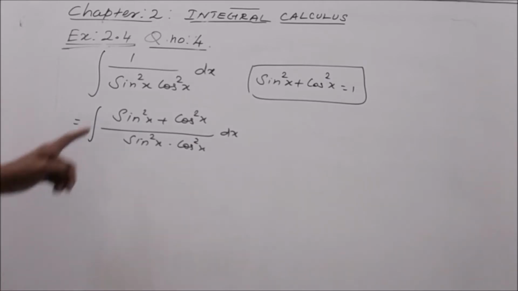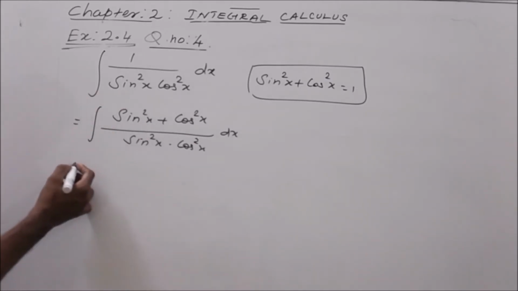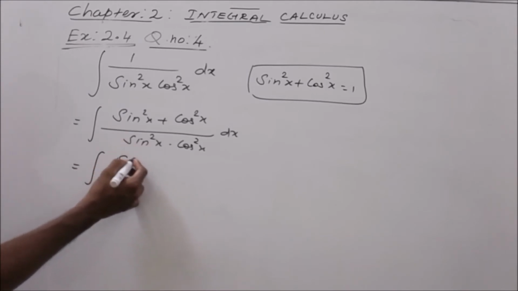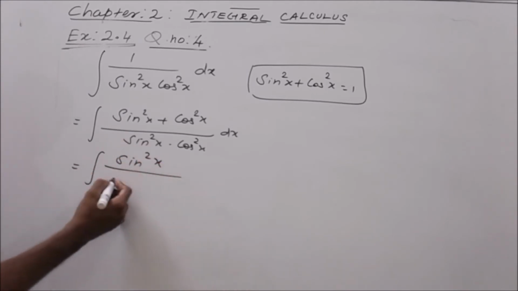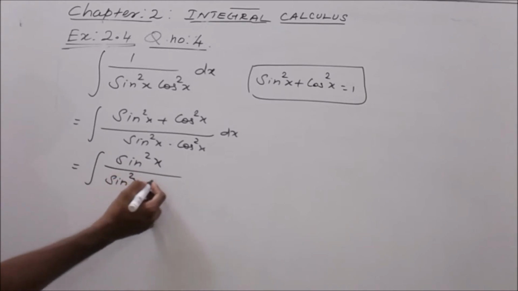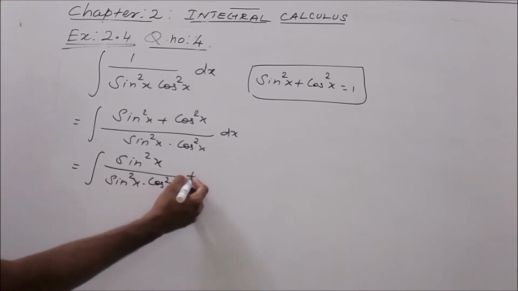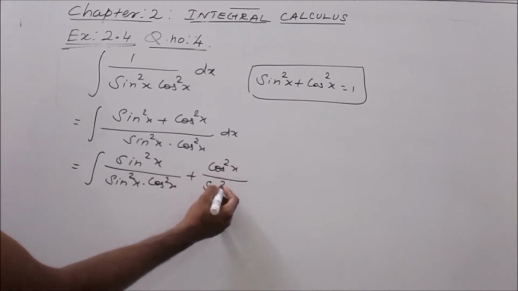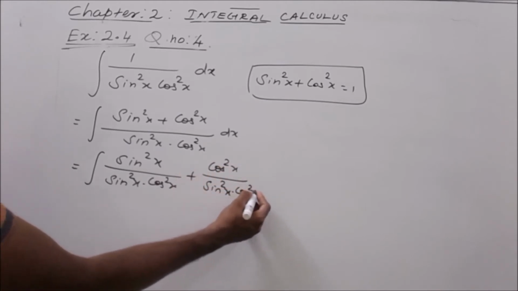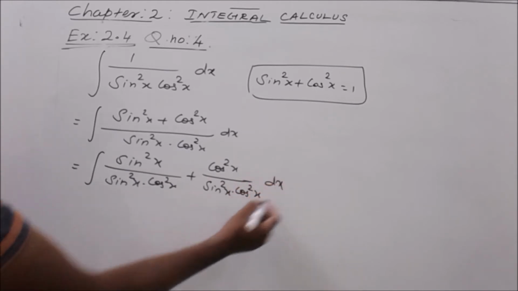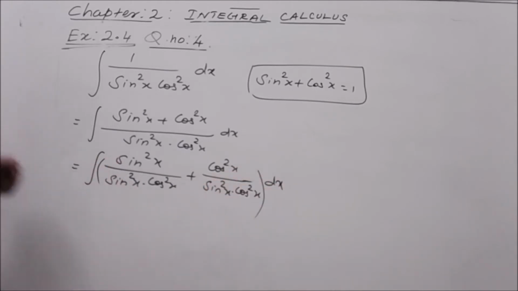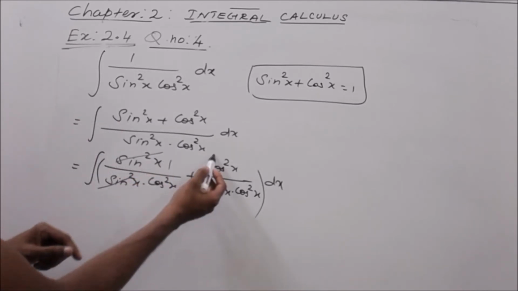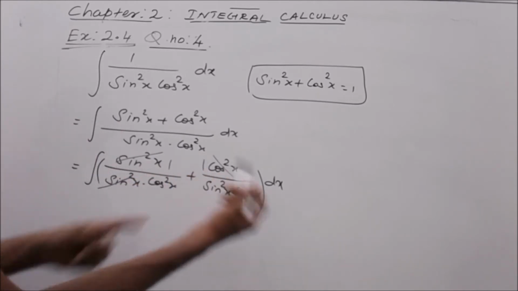Now separate the denominator: integral sine square x by sine square x into cos square x, plus cos square x by sine square x into cos square x, into dx. These two get cancelled, so 1 by cos square remains. These two get cancelled, 1 by sine square x remains.